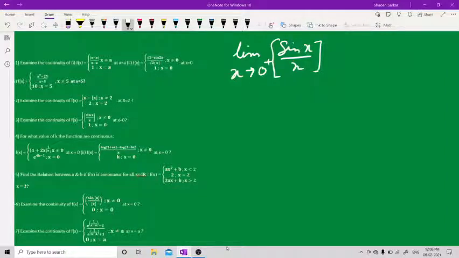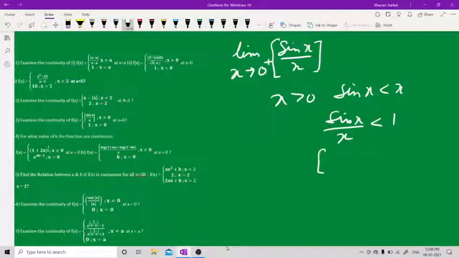For x greater than 0, sine x is less than x. So sine x upon x is less than 1. So the greatest integer, the floor function, is between 1 and 0. Any point will come greater than 0, less than 1. So the floor function will give me 0.